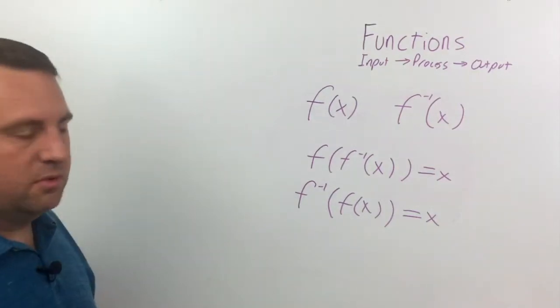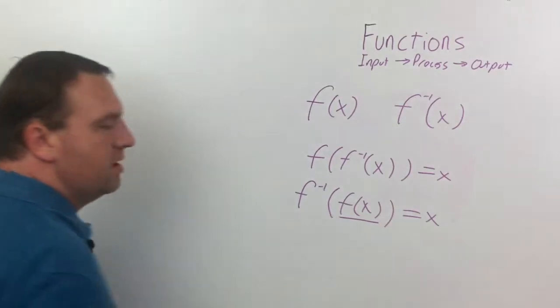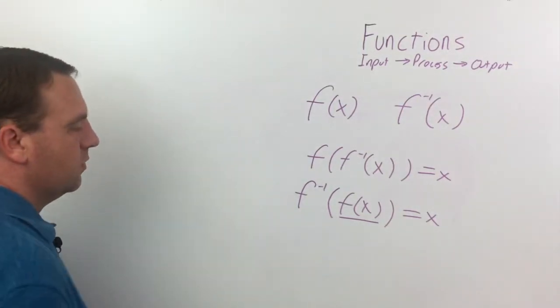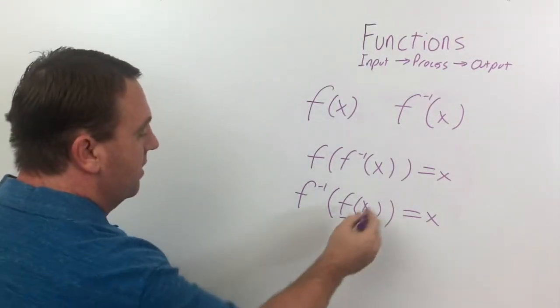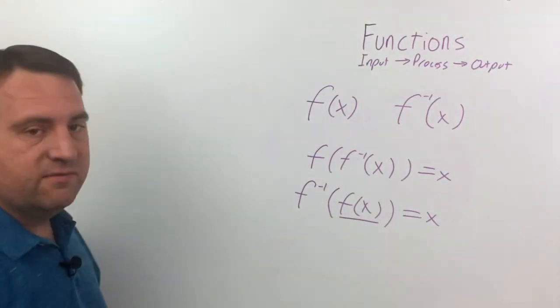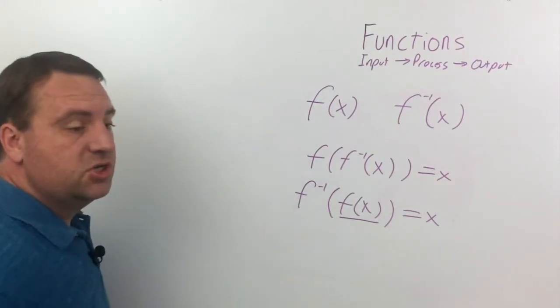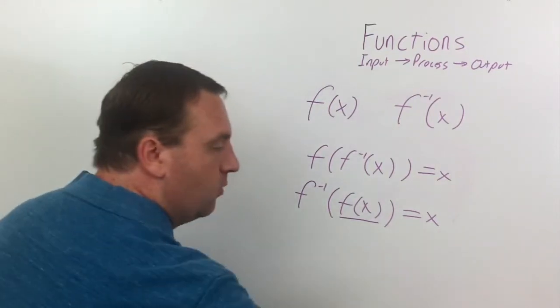So let's interpret what this means. f of x means we're going to run a machine. So we run a machine and we get an output, and that output goes here. Well, what does inverse f do? Inverse f is the same machine, but it's what happens when you run it backwards.